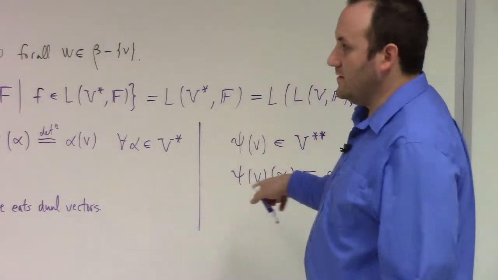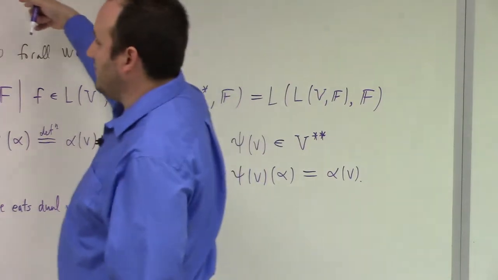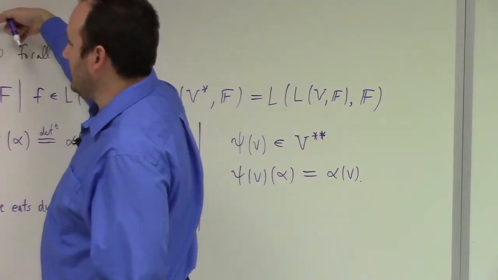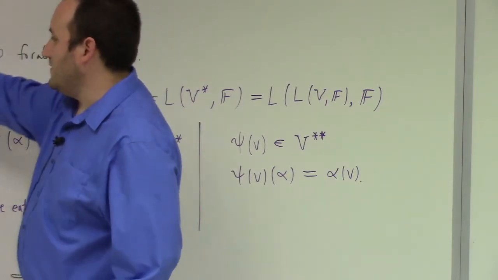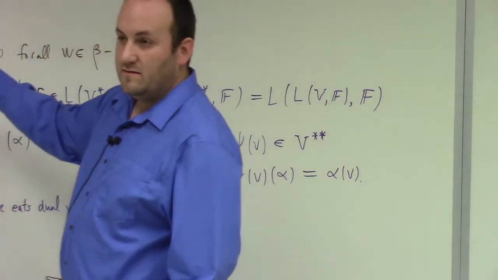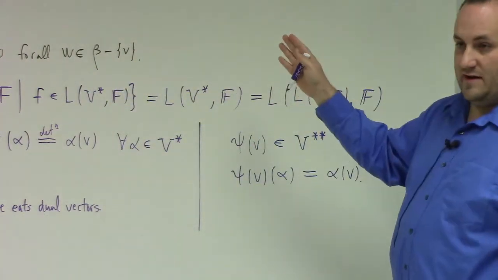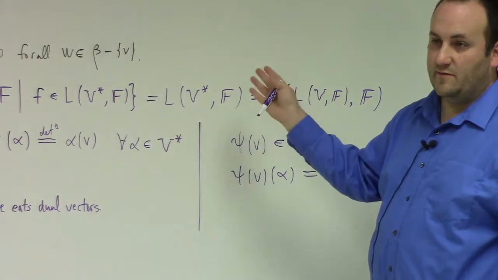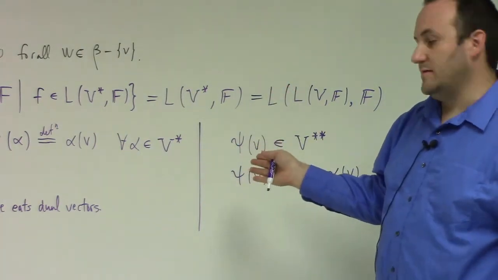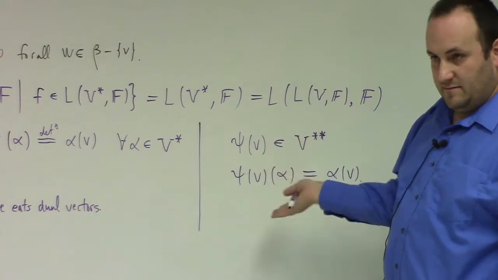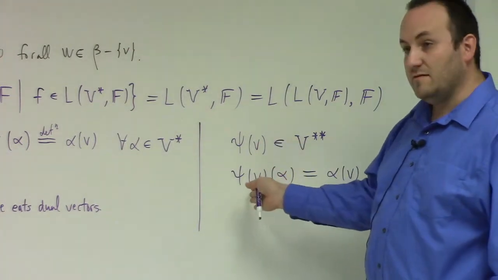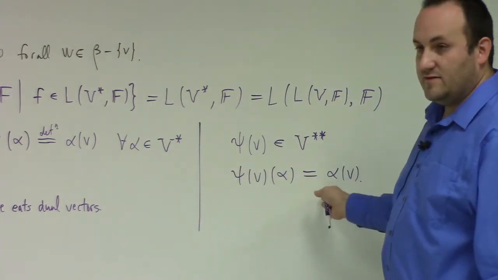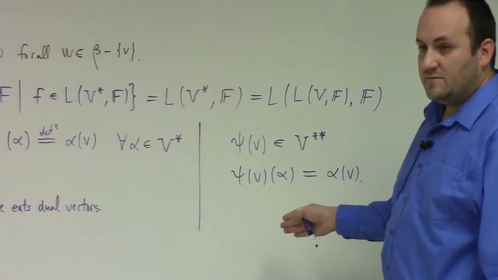But you notice we have an example 4. If beta is a basis for V, then there exists a unique linear functional such that the covector takes v and spits back 1, right? So there's an alpha there which is non-zero on v. In the space of all covectors, there's at least that one covector that gives you back something non-zero when you feed it v. So the only way that this can be 0 for all covectors is if it's the zero map, and that proves injective.